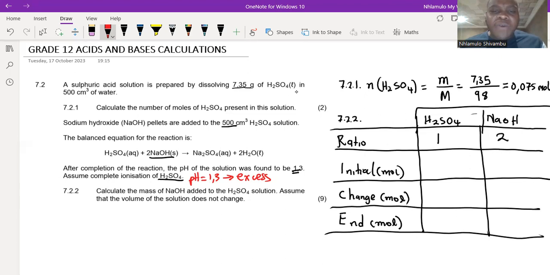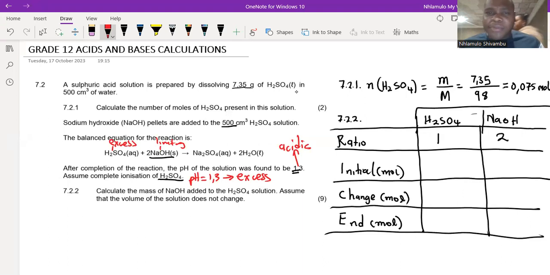The pH of 1,3 indicates that the solution is acidic because it is less than 7. So if the solution is acidic, it means that the acid was in excess. So H2SO4 is the excess reagent, and NaOH becomes the limiting reactant.